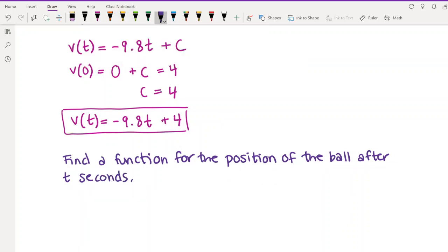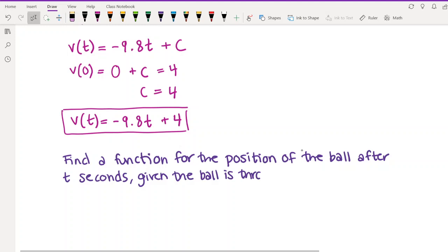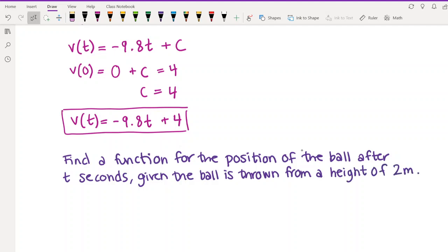And just like with the previous one, we're going to need one little extra tidbit of information. So in this case, we need to know that the ball is thrown from a height of 2 meters. So what do we do here?